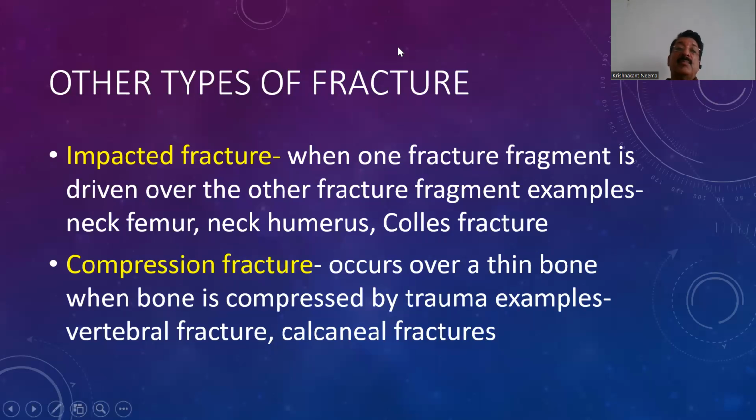Or it can be a compression fracture, where the bone is compressed by trauma over a thin bone. This is very common in vertebral fracture or calcaneal. There are two fractures which show compression fractures. Number one is in vertebra. Number two is in calcaneum.